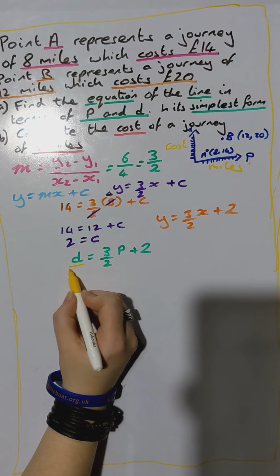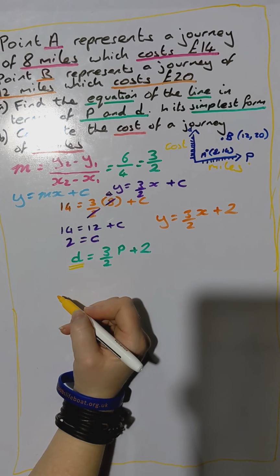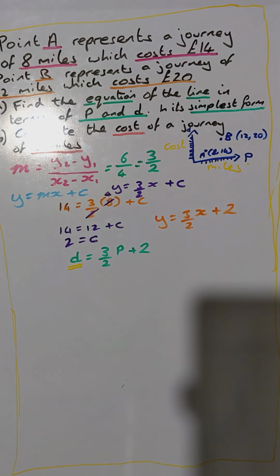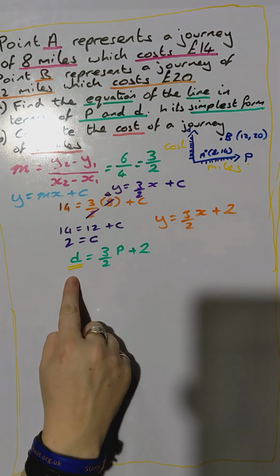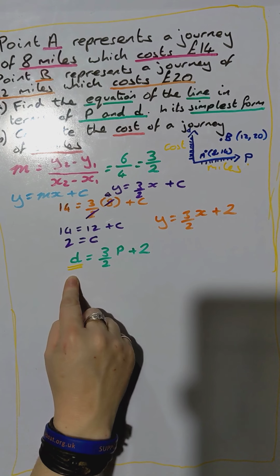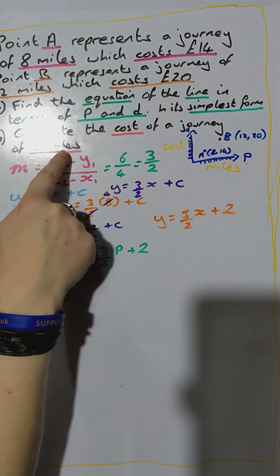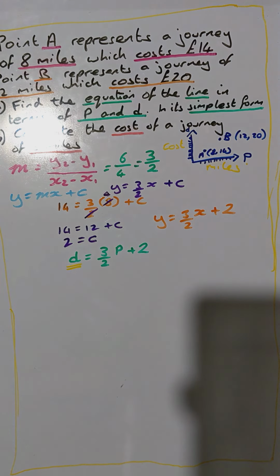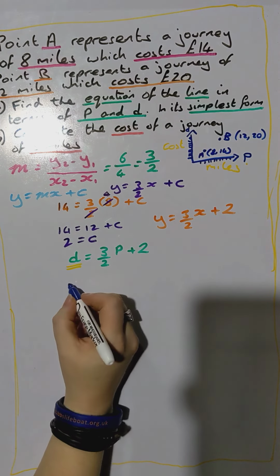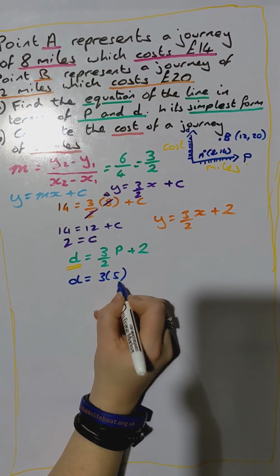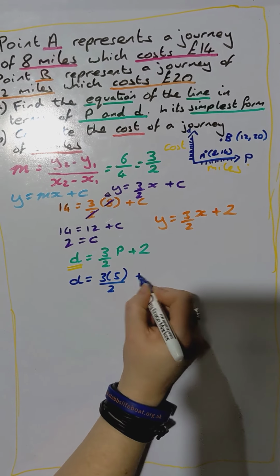So I'm looking for d, and that's another reason to have d as my y value, because that gives me it on its own to begin with. I don't need to do any rearranging. But I'm told I'm doing a distance of 5 miles. So I'm going to replace the p with 5. So I've got d equals 3 times 5 over 2 plus 2.